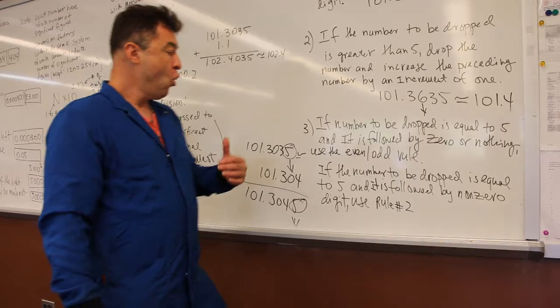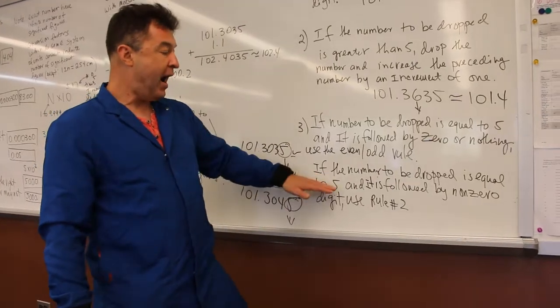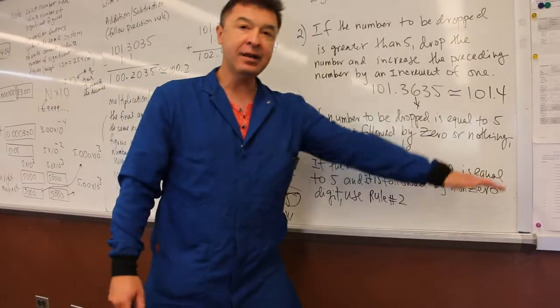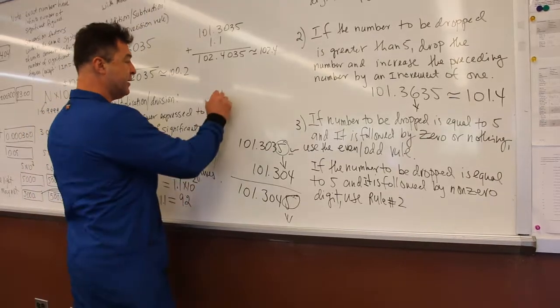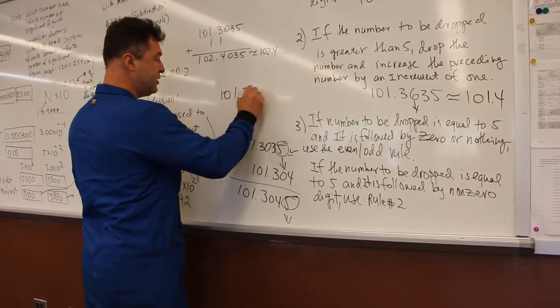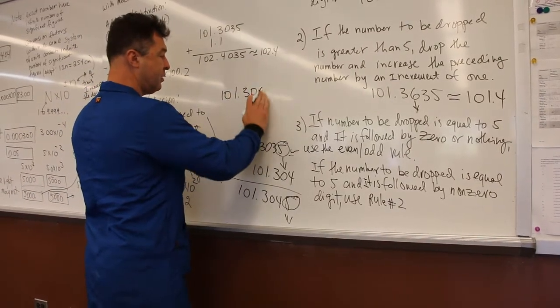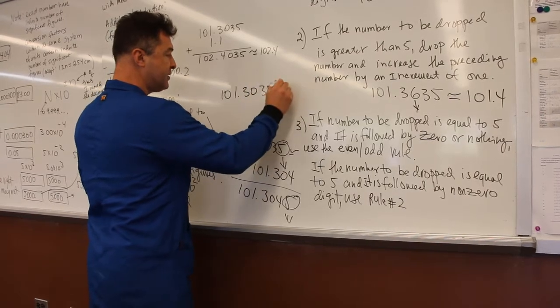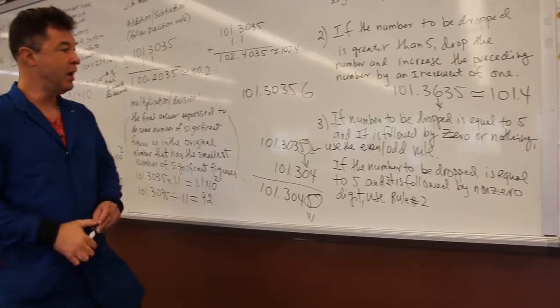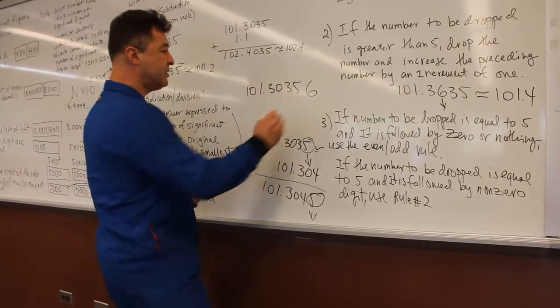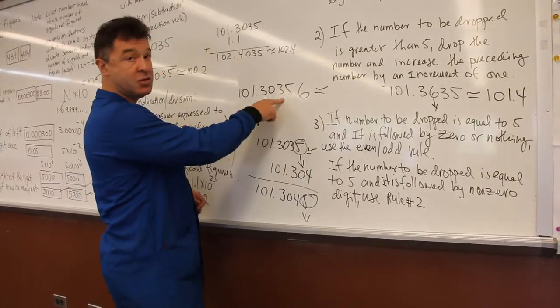Now, what if you got a 5 and it is followed by a non-zero digit? For example, we got this 101.3035, let's say 6. Okay, and I need to round this number off to the thousands place.